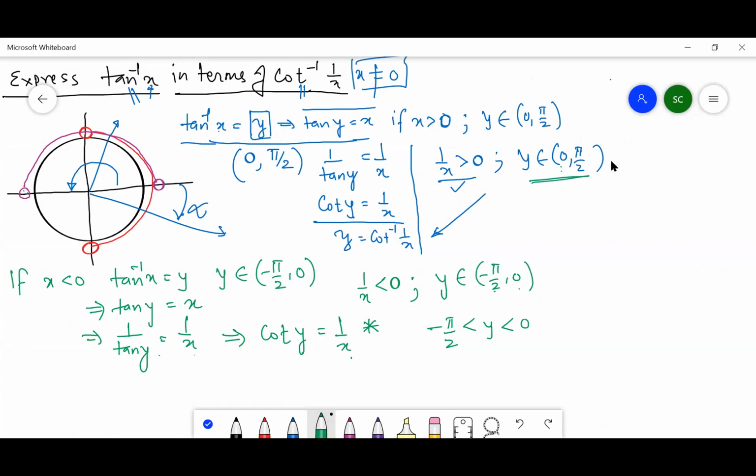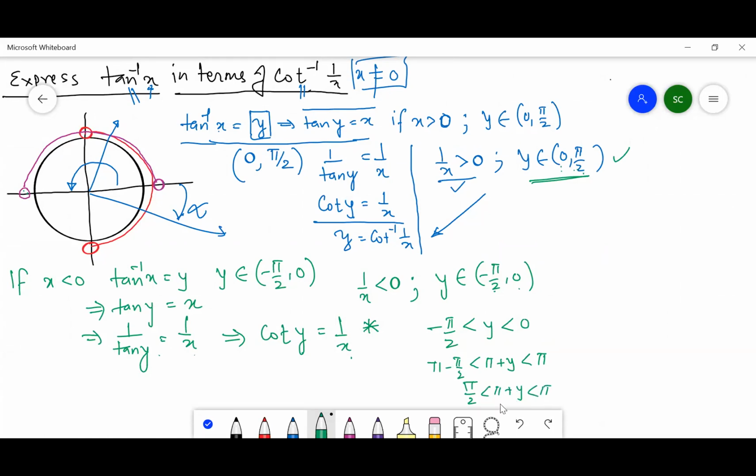We have already utilized that, and therefore it will be good if we are between pi by 2 to pi, and therefore we do this. Pi minus pi by 2 is less than pi plus y is less than pi. This makes it pi by 2 less than pi plus y less than pi.